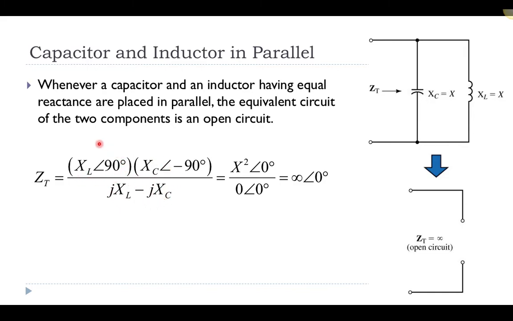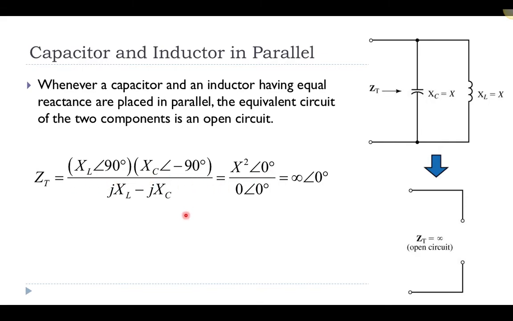So for an inductor, the impedance is the inductive reactance with an angle of 90, and the capacitor is the capacitive reactance with a phase angle of minus 90. Both of these reactance values are exactly the same value X, so that's why I get an X squared here. If I'm multiplying these two complex numbers, I add the angles and I get 0.